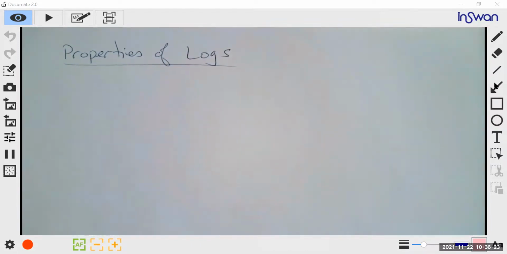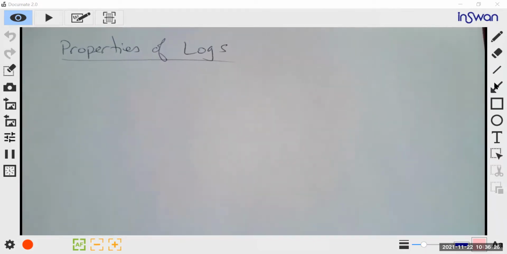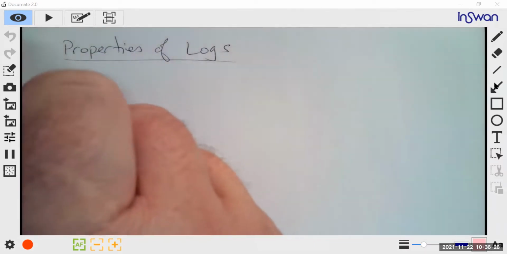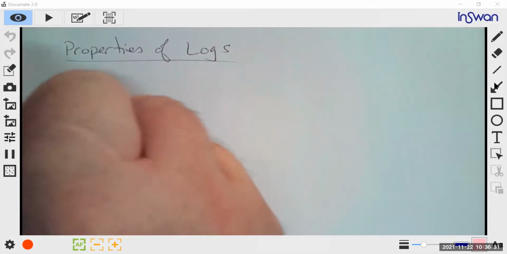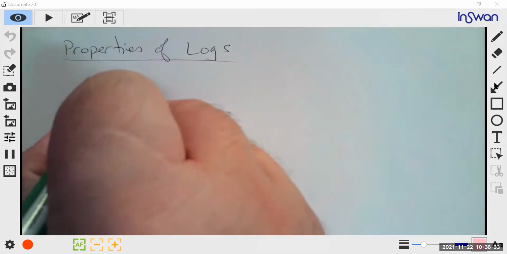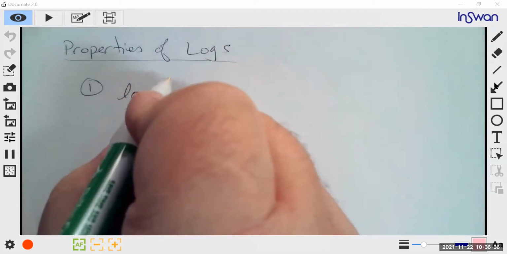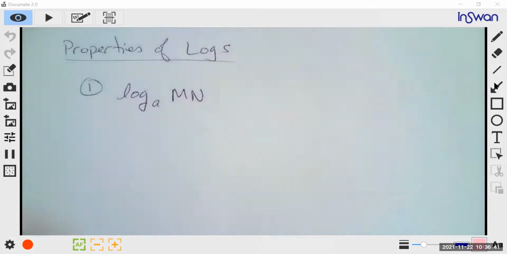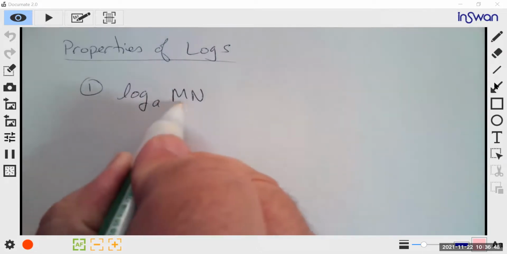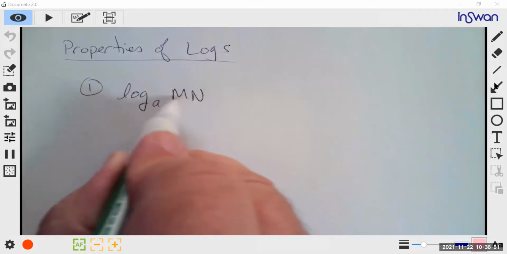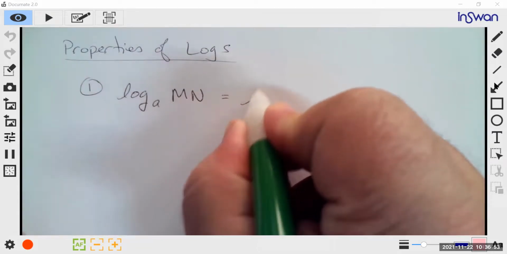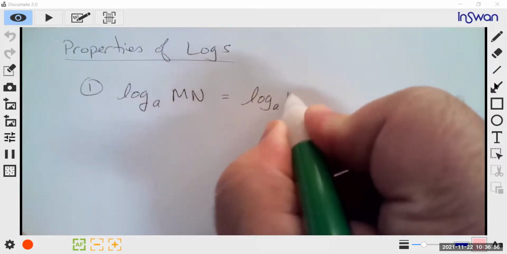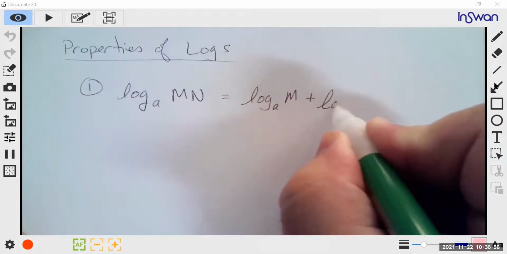Properties of logs. First property. Log A of MN. Whenever you have a log of a multiplication, a product of something, you can split them up by adding the two numbers.